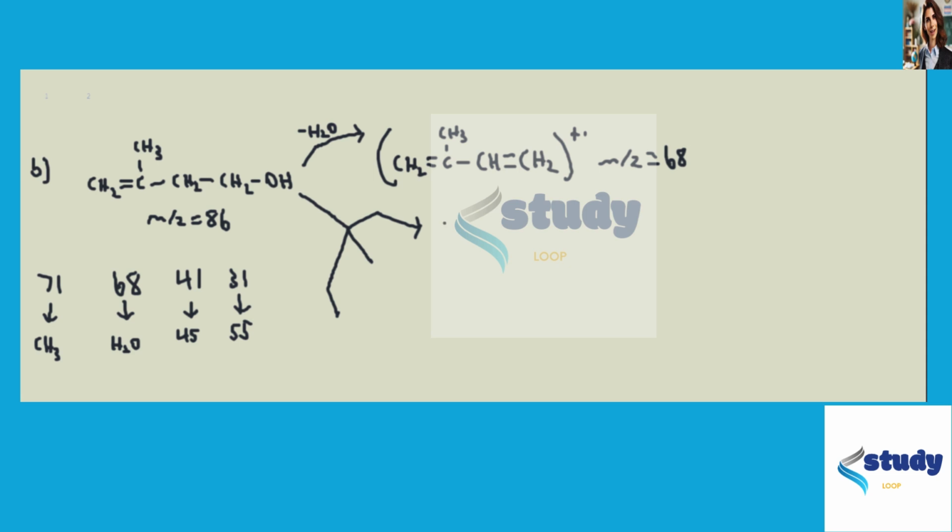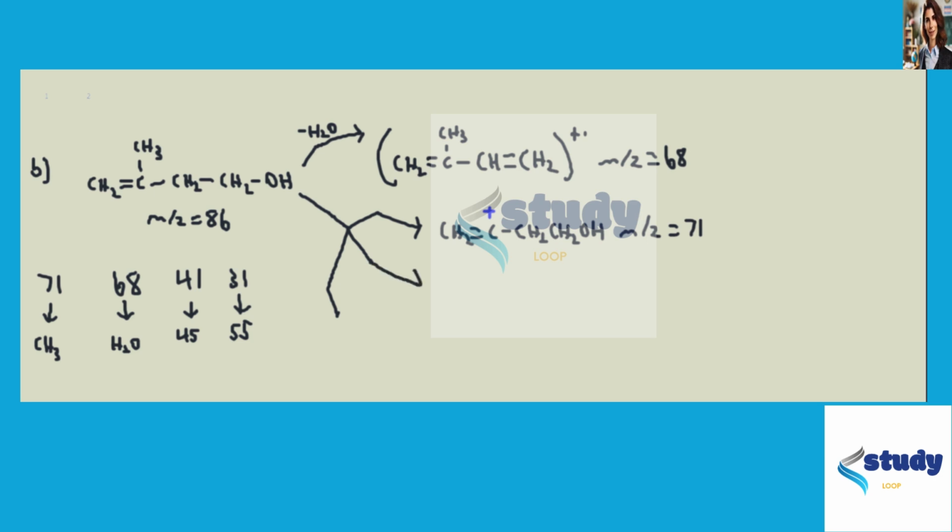So this is going to be the M to Z equals 71. So it's going to look like this: CH2C, CH2, CH2OH, and we will have a carbocation there. Okay, and so this is going to be M to Z equals 71.